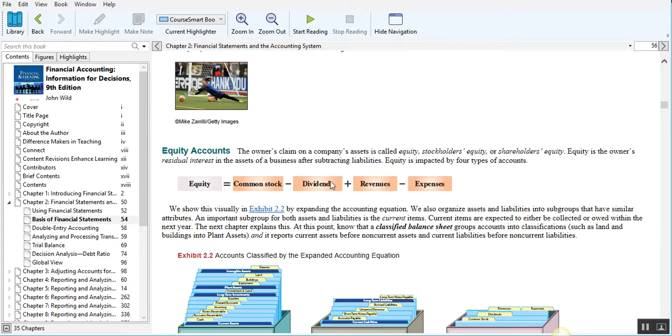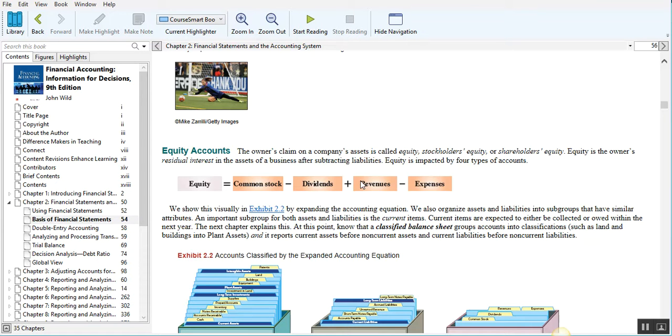I won't belabor this here, but this diagram that they give you here is an excellent way to think of equity. Equity is a combination of two things. One is the net income that you earn out of the business. So the revenues minus expenses, that's net income. And then that net income will be added to the value of the equity account. But dividends are going to be paid out of that net income.